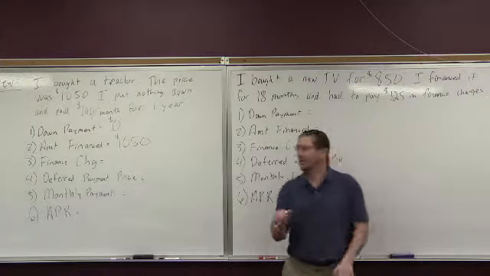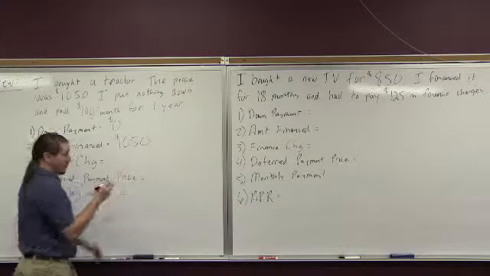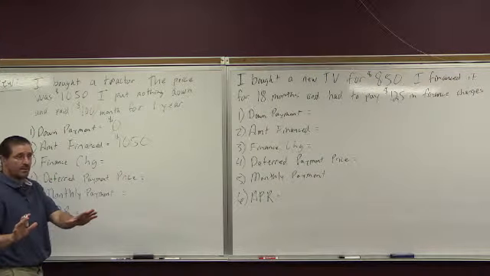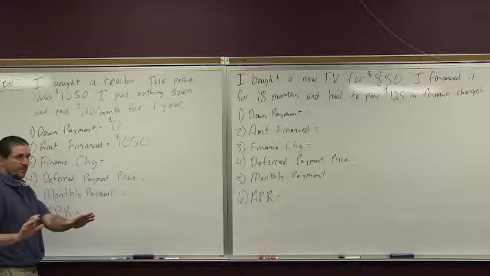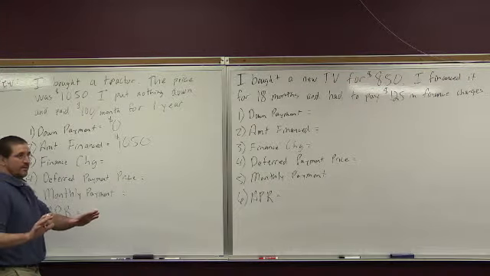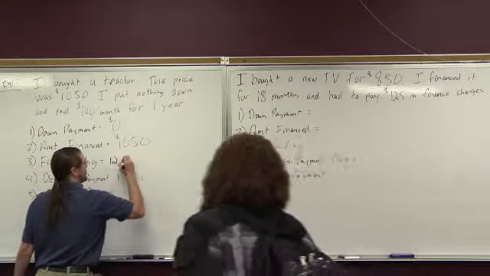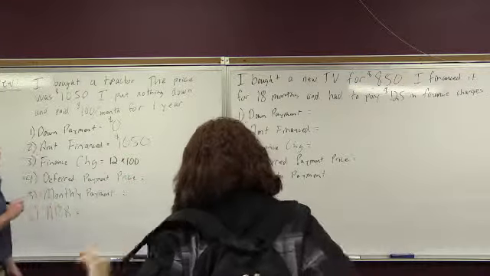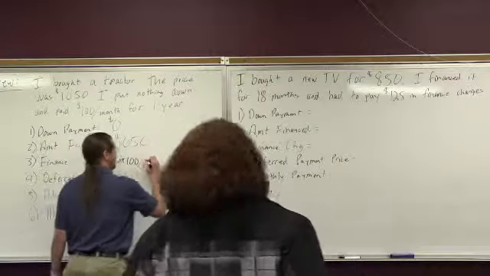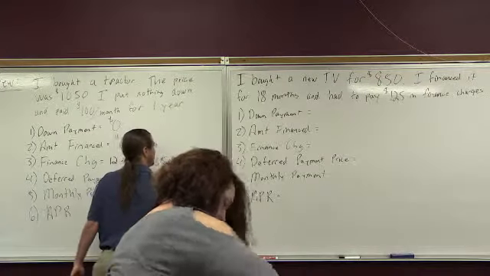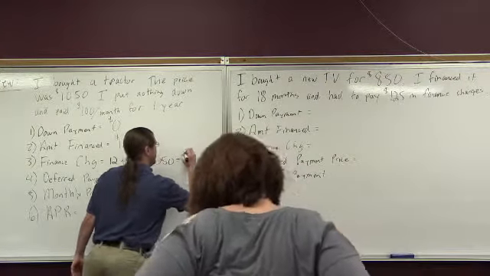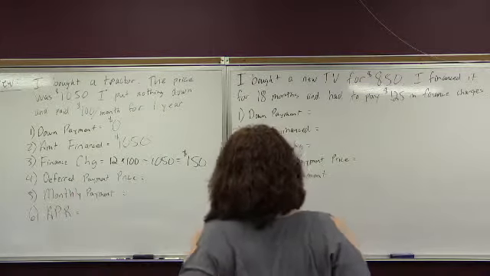I did 1,200 minus 1,050. Where'd you get 1,200 from? Somewhere in the notes. $100 a month per year. Yeah. 12 months, $100 per month, 1,200 bucks, minus the 1,050. $150 in finance charges we're paying.